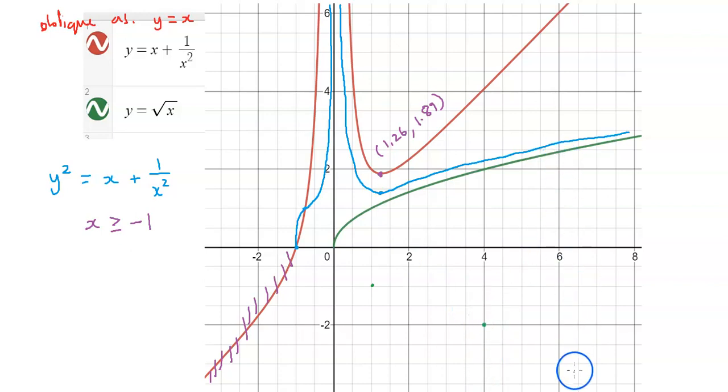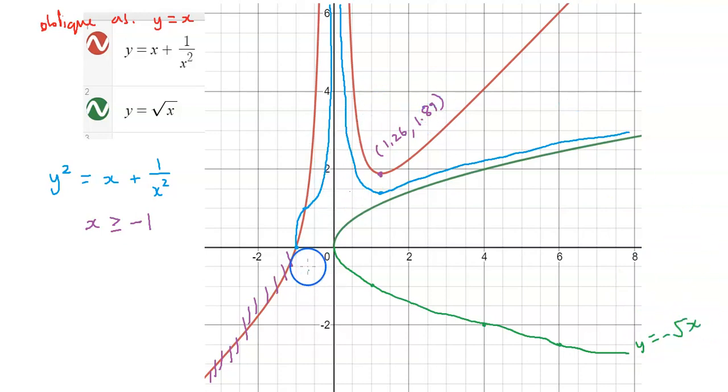Just sketching this graph to make life slightly easier. Just reflecting the square root graph first to give myself something to aim for, even though it's pretty wobbly, but that's okay. So this is y equals negative square root of x.